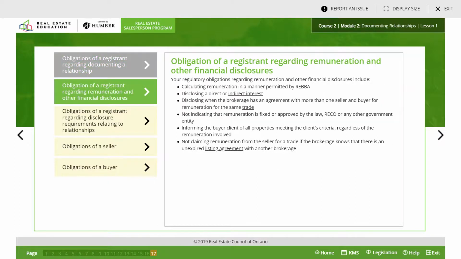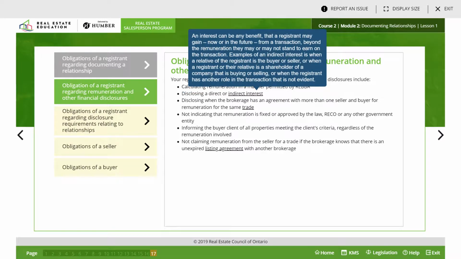And then they talk about the obligation of a registrant regarding remuneration and other financial disclosures. Your regulatory obligations regarding remuneration and other financial disclosures include calculating remuneration in a manner permitted by REBA, disclosing a direct or indirect interest. What is an indirect interest?